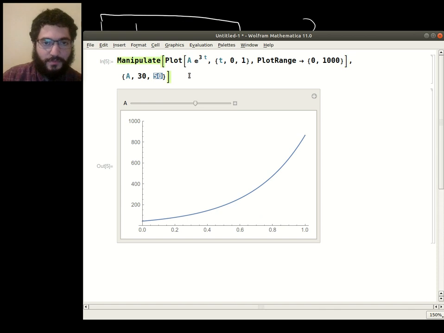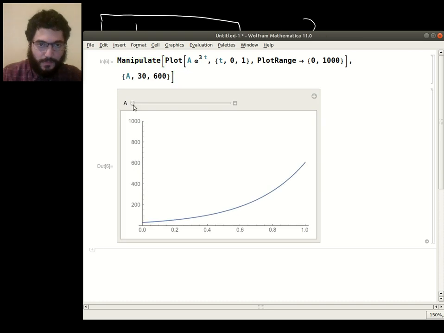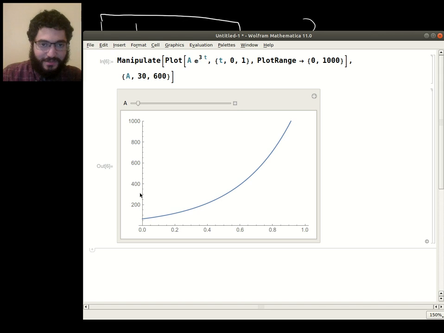Let's allow it to go from 30 to how about up to here, up to 600. So you can see the initial value is what I'm basically manipulating, where the curve is pinned down on the vertical axis, the x-axis, since the vertical axis is the x-axis.